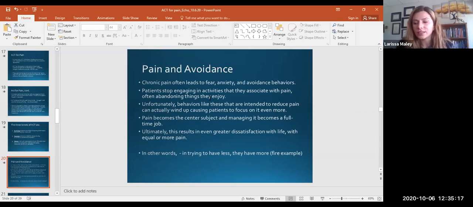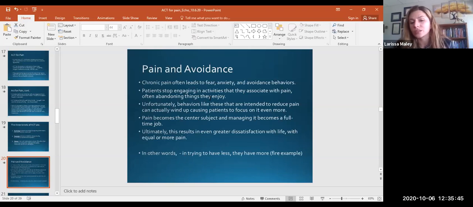And we can relate that to our patients that may not have chronic physical pain, but have chronic emotional pain, and then they add substance use on top of it. The substance use is in the service of avoiding that psychological pain, but then it becomes a full-time job. In order to maintain that avoidance, it absorbs all of your activity, all of your energy, and pulls you away from the things that are truly important.